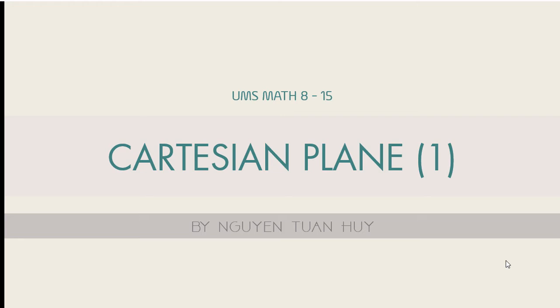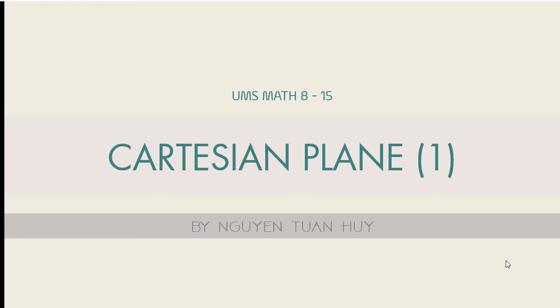Cartesian Plane is a very powerful mathematical tool that can describe positions using numbers, and for that, it will make calculating in space much easier. In the first lesson today, we will focus on the most basic, the most fundamental concepts and ideas related to the Cartesian plane.